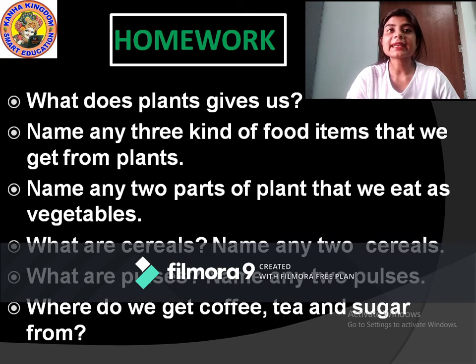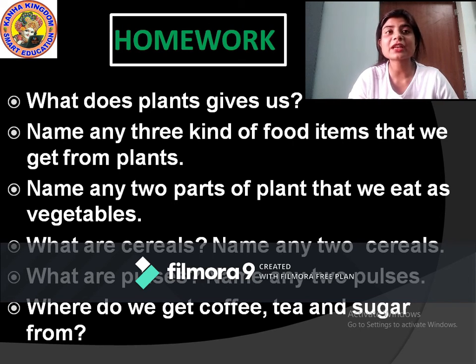Then name any 2 parts of the plant that we eat as vegetable. The 2 parts of a plant that we eat as vegetable are root and stem. Or you can write leaf, or you can also write fruits and flowers of a plant that we can eat.